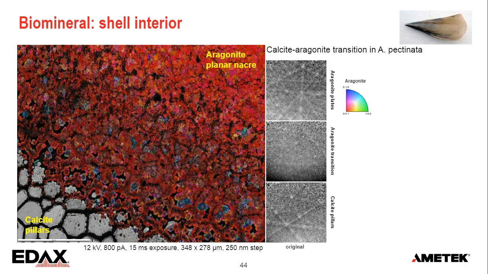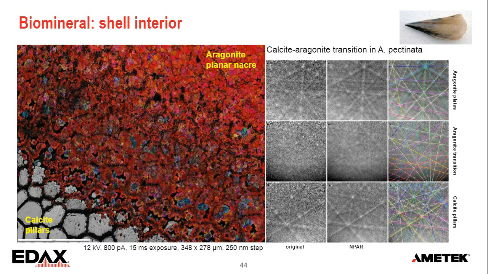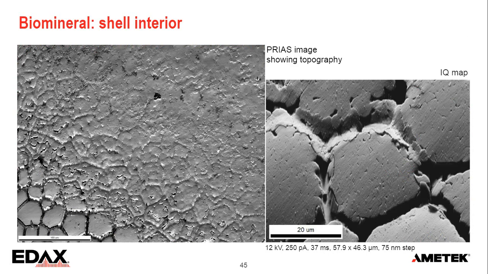When we then apply NPAR, also here, it really improves the signal to noise and allows successful indexing of all these patterns. And that gives us this full map where we can actually study the transition zone. If we look at this image, this is a Prius image here on the left. It shows a topography.